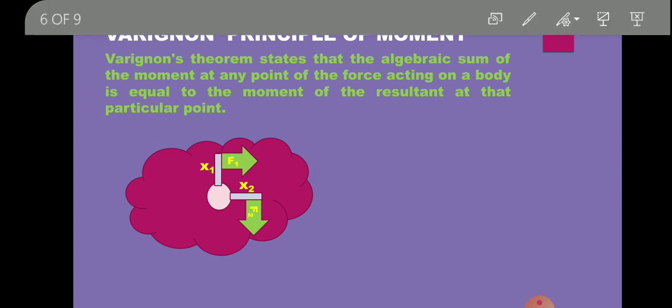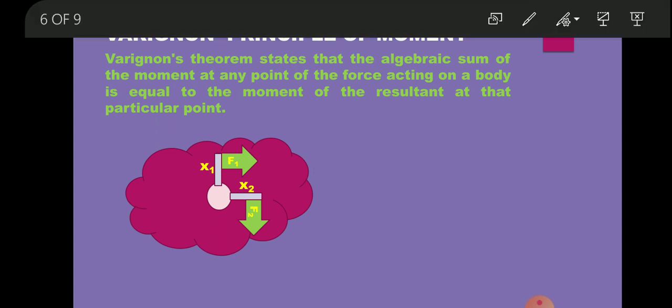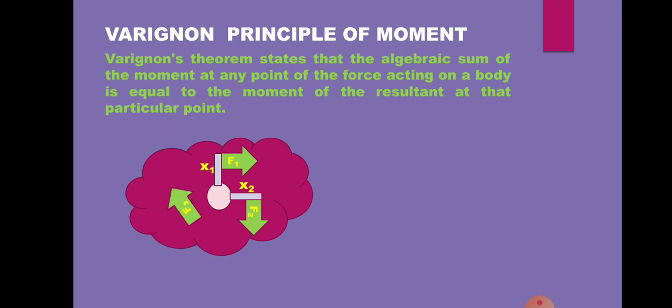The third one is force F3, which acts at a distance x3, also perpendicular. These are the several forces producing moment on that object.